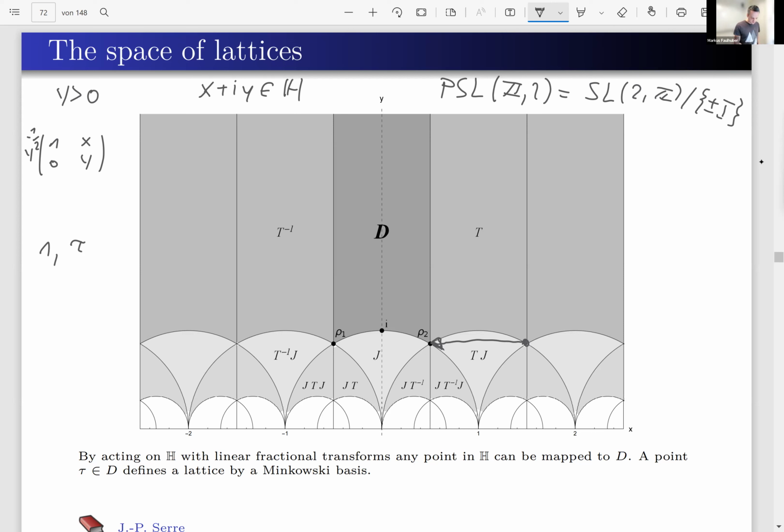If you pick a matrix from this group, this just means you pick a different basis for your lattice, but the lattice does not change. And so you only need to have a look at this domain D.